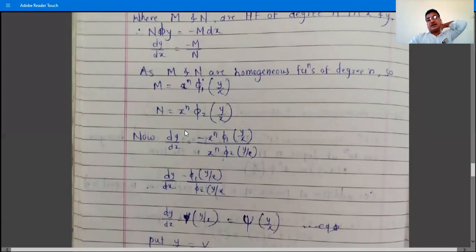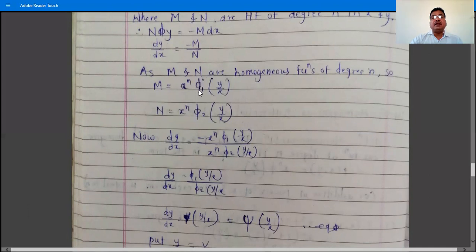We have x raised to n in both M and N, but we have different functions. We have some function of y by x here, and some function of y by x there, but these two functions may not be equal.